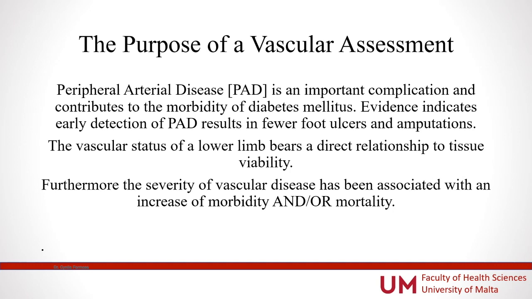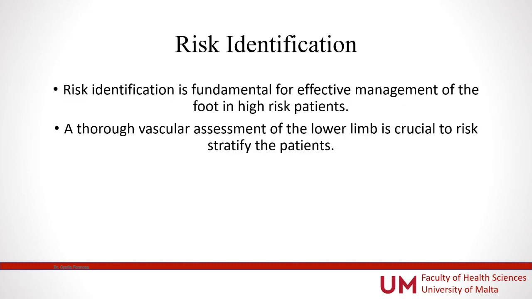Furthermore, the severity of vascular disease has been associated with increased morbidity and mortality rates. So risk identification is fundamental for the effective management of patients with high-risk feet. A thorough vascular assessment is crucial in order to try to stratify our clients.